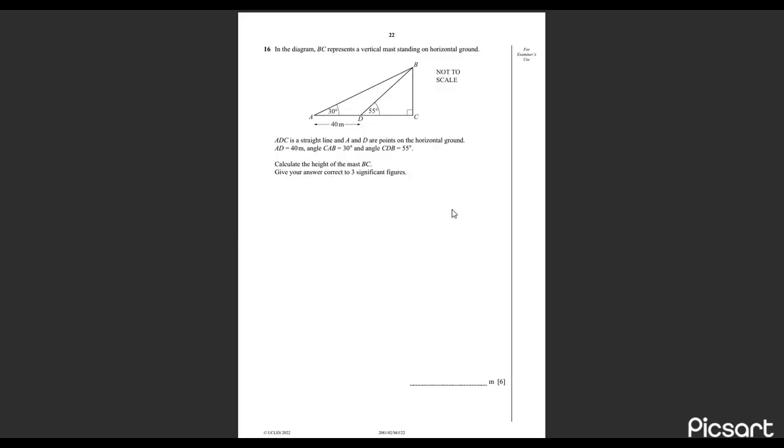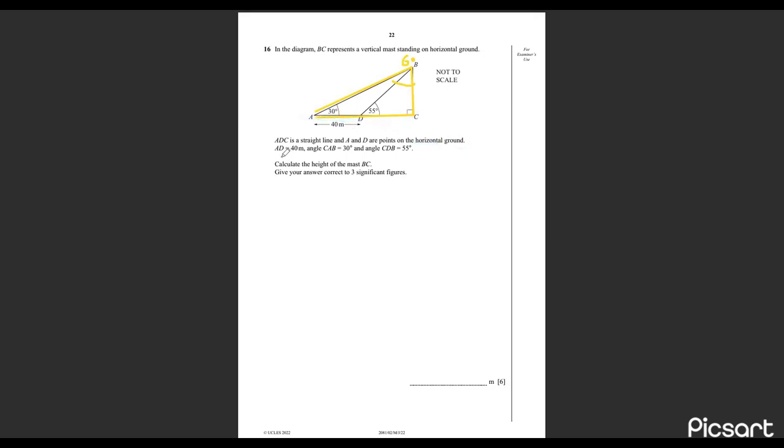Here in this diagram, BC represents a vertical mast standing on horizontal ground. So he gives this ABC as 90, and we have a conclusion that this angle B equal to 60. And say ADC is a straight line, and AD is 40 on the horizontal ground.